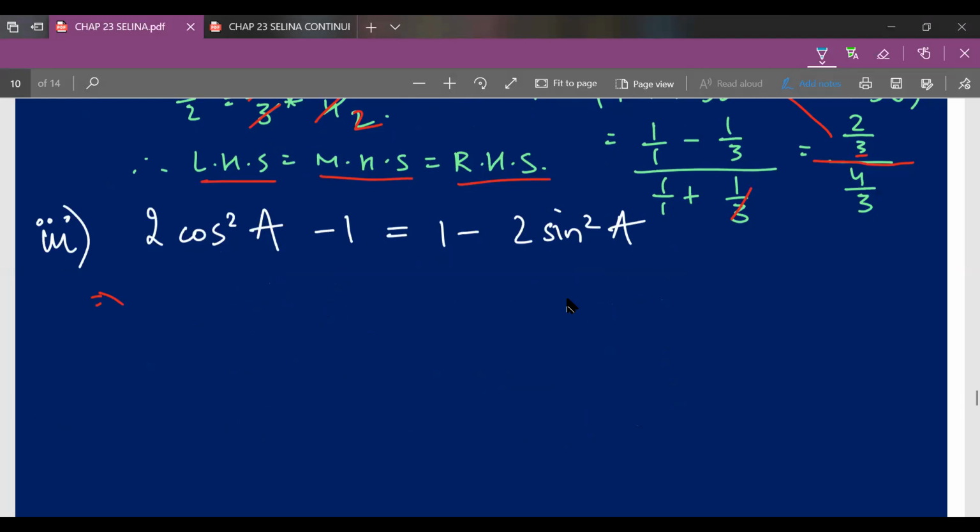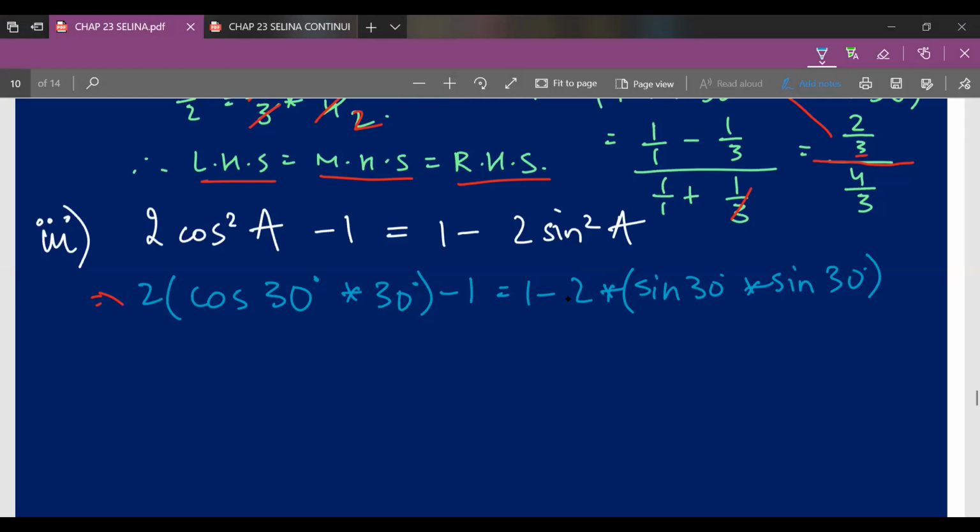So 2 cos square a, I'll solve this in brackets, so 2 into cos square a, which will be cos a into cos a, which will be cos 30 degree into cos 30 degree, minus 1, don't forget this minus 1 over here, is equal to 1 minus 2 sin square a, 2 into sin square a, which will be sin a into sin a, and sin 30 degree into sin 30 degree.